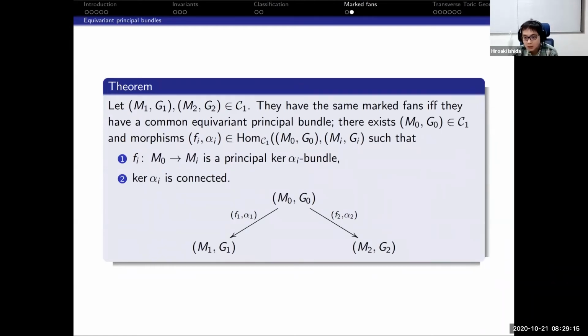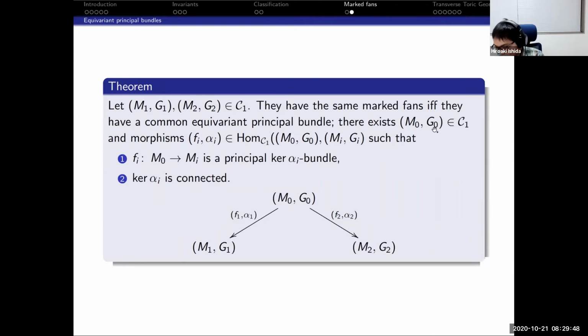And this is the second main theorem in this talk. Let us suppose we have two complex manifolds with maximal torus action. Then they have the same marked fans if and only if they have a common equivariant principal bundle.